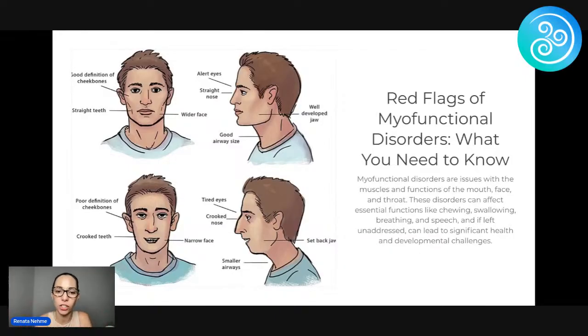I'm not a speech pathologist. We don't specifically deal with speech, but sometimes patients who have articulation issues that a speech pathologist can help, or some myofunctional therapy exercises can help correct the articulation, so the tongue position, not the speech, okay? And if left unaddressed, it can lead to significant health and developmental challenges.